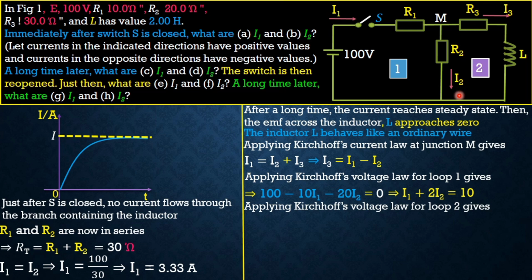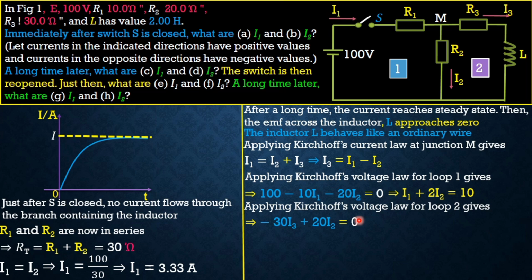When we are going against the flow of current, we have a potential increase, which takes a positive sign. So we are going to have negative 30 I3, since the resistor R3 is 30. Since we are going against the flow of the current of I2, we are going to have plus 20 I2. When we arrive at this point, we simply equate that to 0.